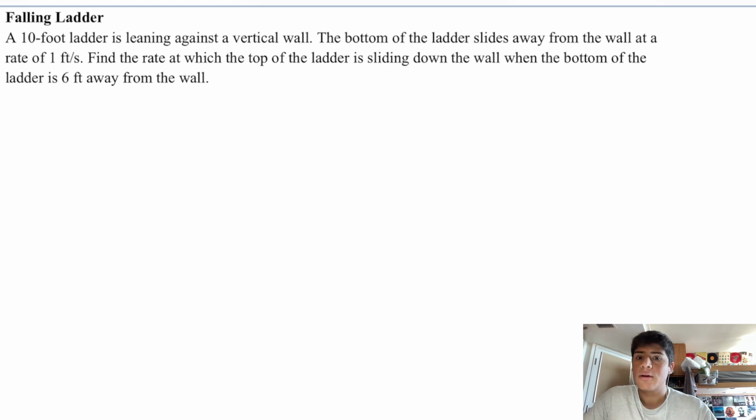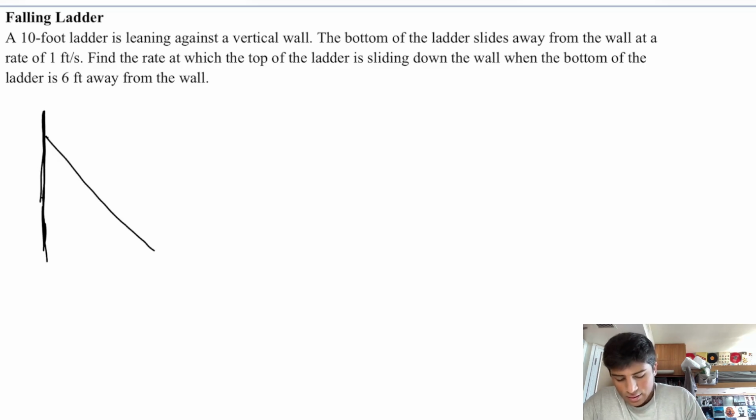The first step here is going to be creating an image. A 10-foot ladder is leaning against a vertical wall. Okay, this will be our wall. A 10-foot ladder. Okay, a ladder. And this is fixed at 10 feet. The bottom of the ladder slides away from the wall at a rate of 1 foot per second.